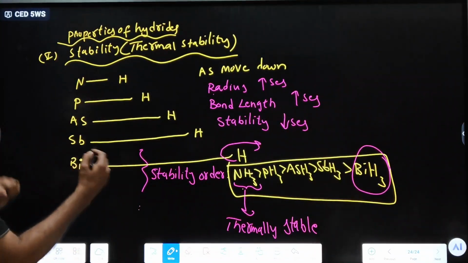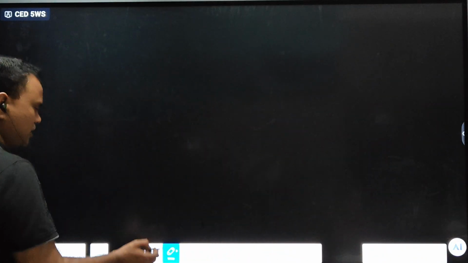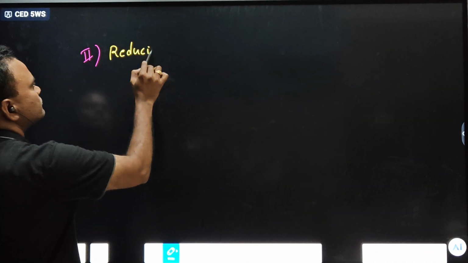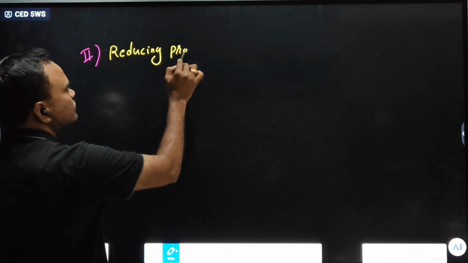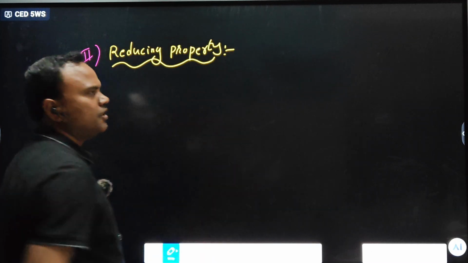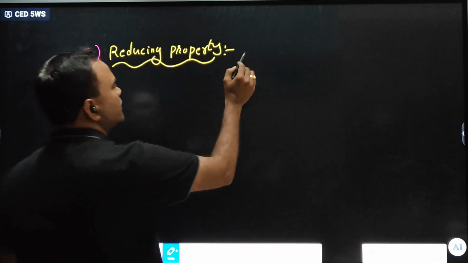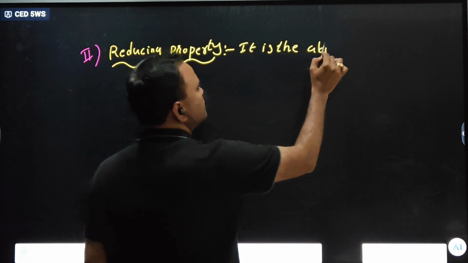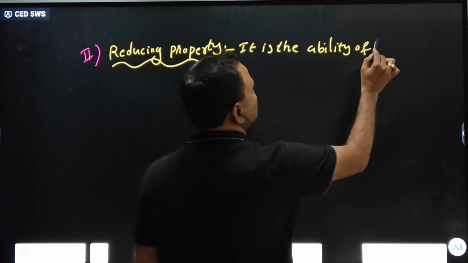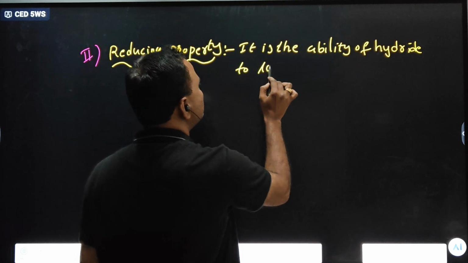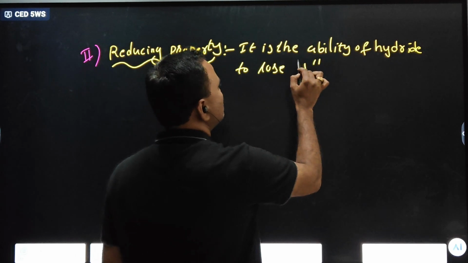Stability is over now. Next, the second characteristic property of hydrides, reducing property. First of all, write what is reducing property. It is the ability of a hydride to lose hydrogen.